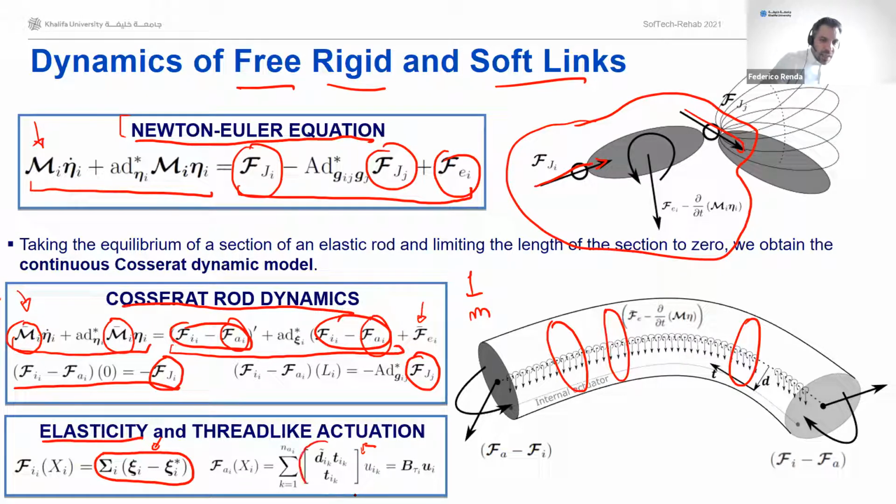Here U is the strength of your actuator. Imagine a cable, this is minus the tension of the cable, and this just distributes this force to obtain the moment resultant and force resultant on your cross section. All you need in order to do that is the distance of the actuator to the midline, nothing else.